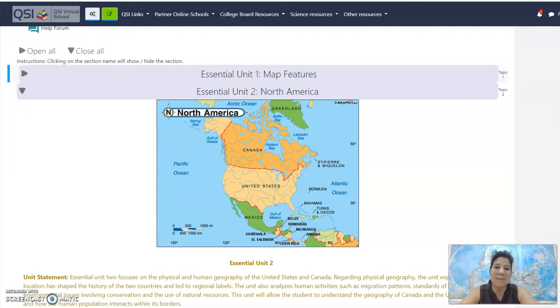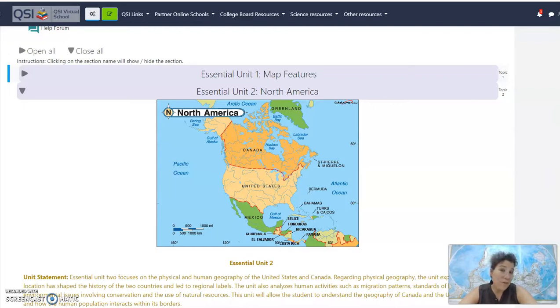And when I say that, I mean we will spend a lot of time applying the 5 themes of geography: location, place, region, movement, and human environment interaction to the different regions of the world.